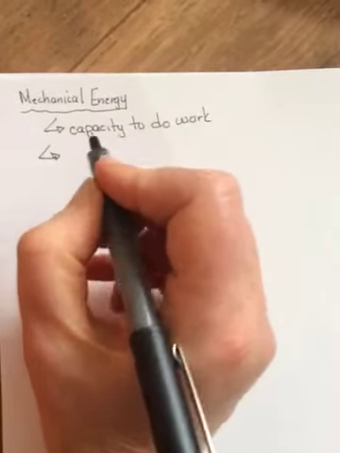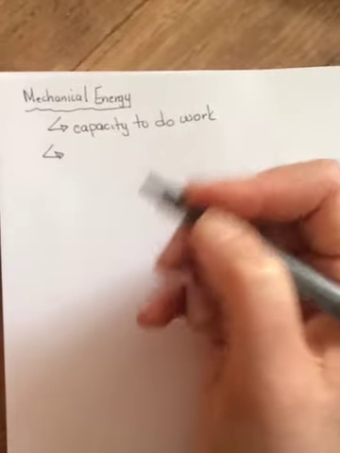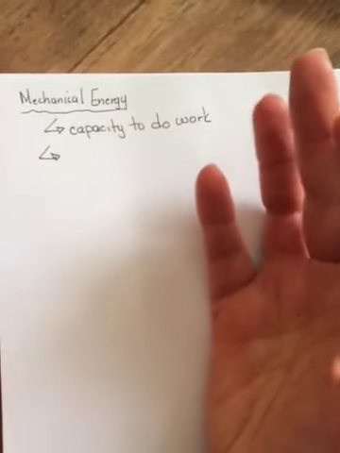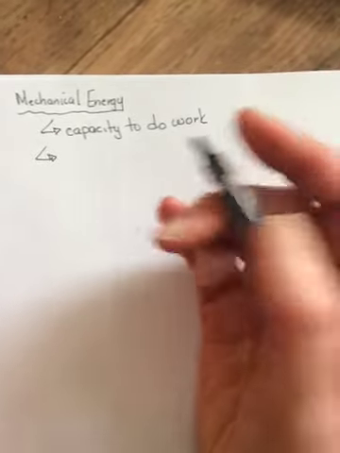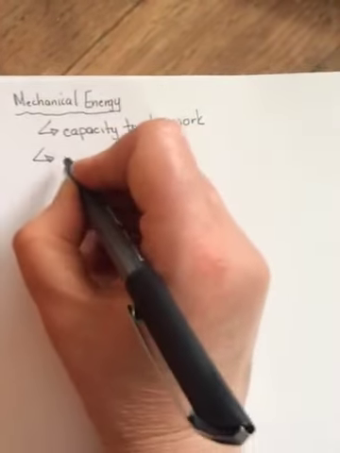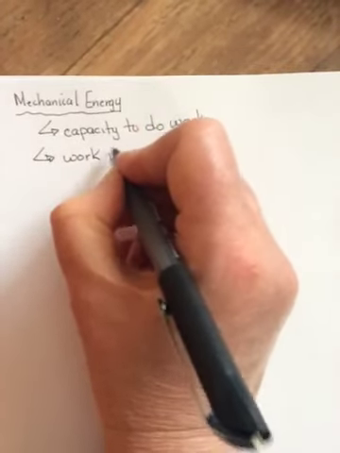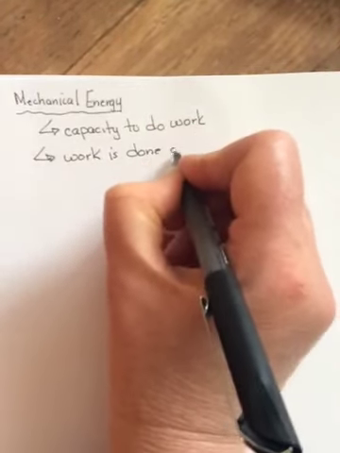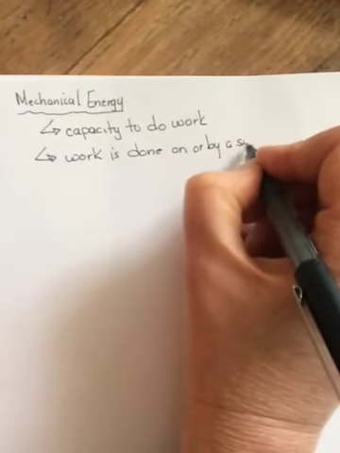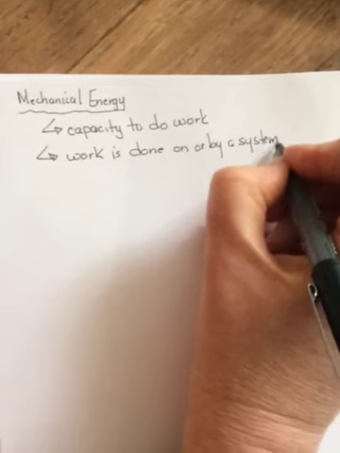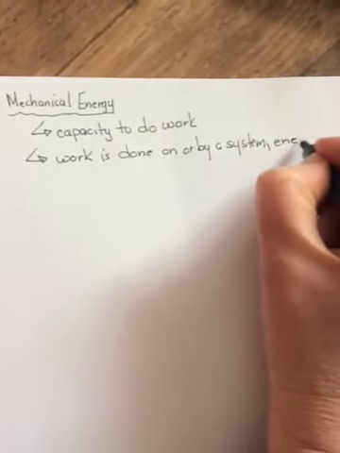when work is done on or by, we're going to say a system, and a system might be you. You might be the system, and you're doing work on the garbage by picking it up and carrying it outside. Okay, so when work is done on or by a system, energy is needed.